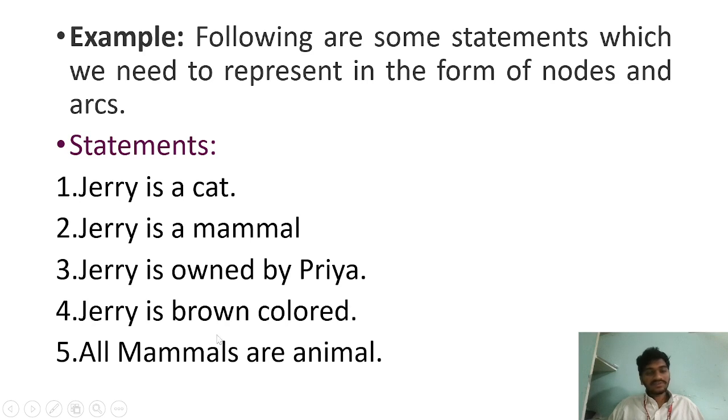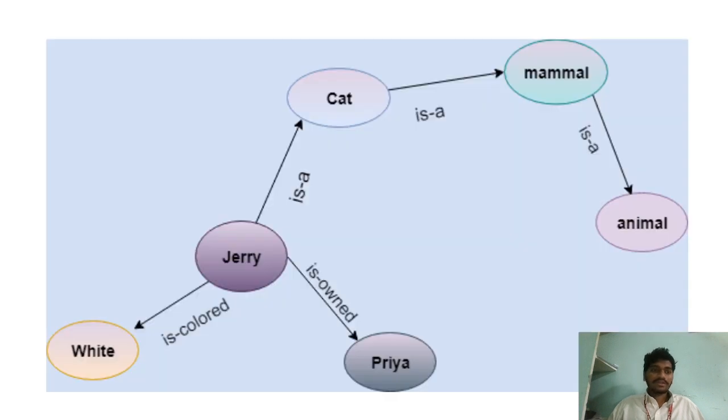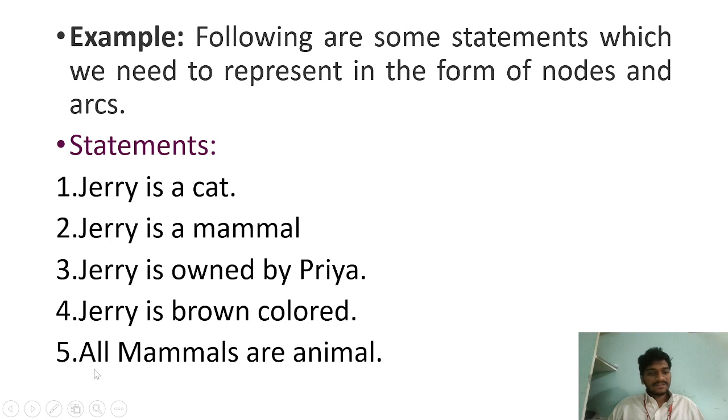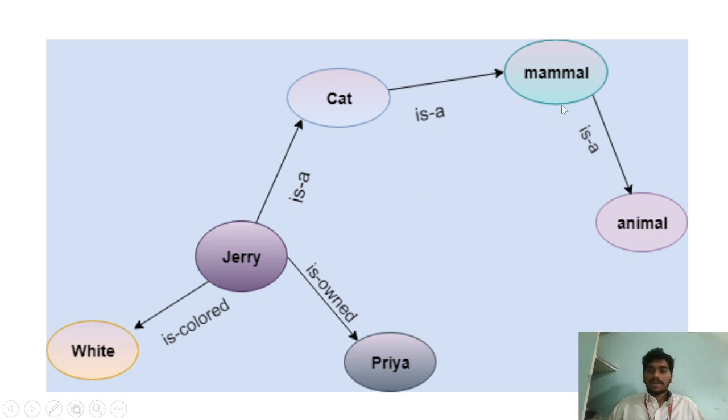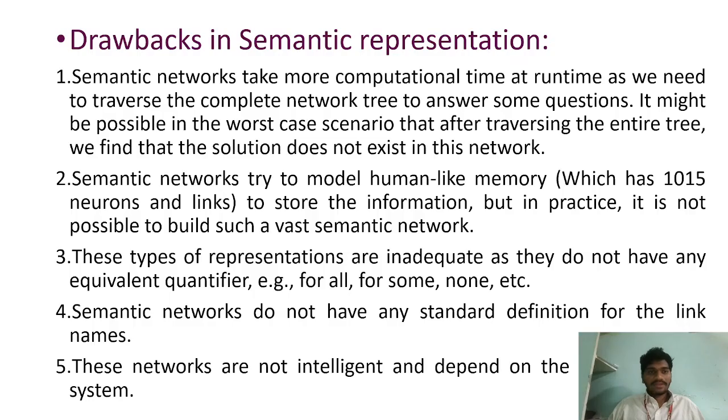The fourth statement is Jerry is brown colored, and it indicates the color of Jerry, which is brown. The next one is all mammals are animals. Here the statement indicates that all mammals are animals. This is the semantic representation.